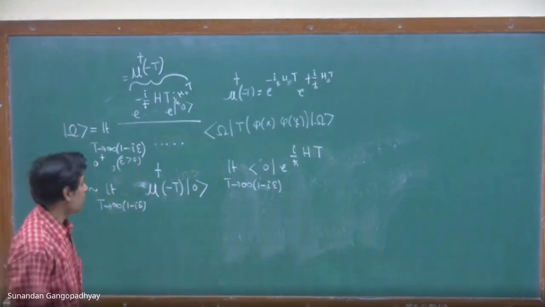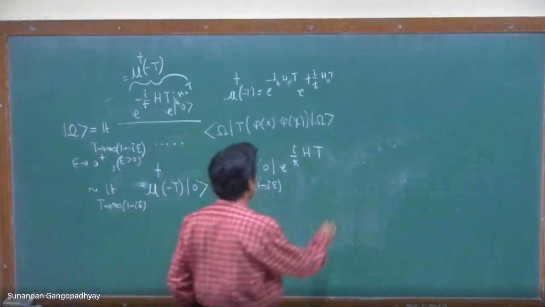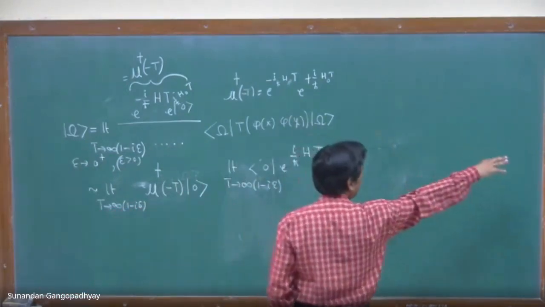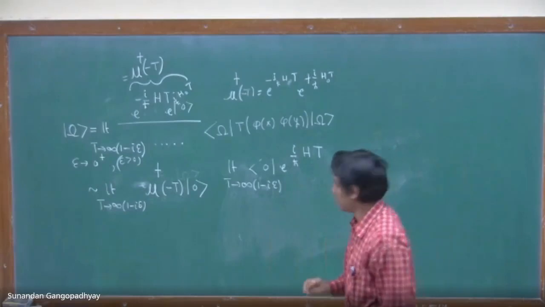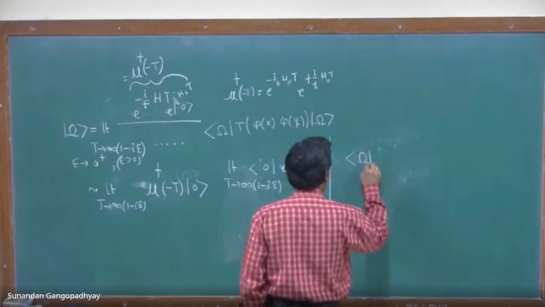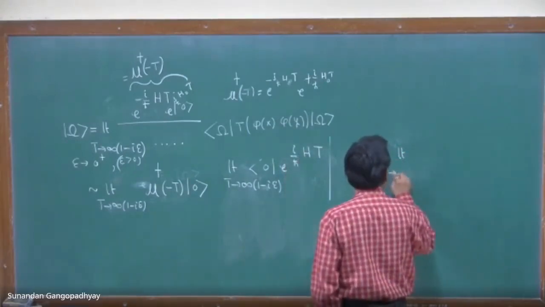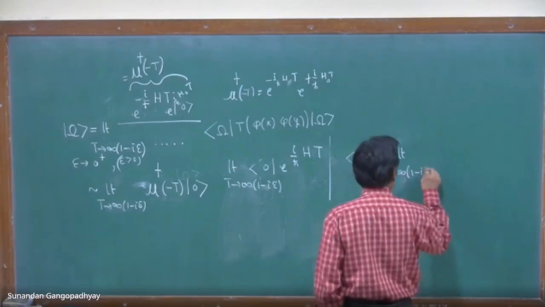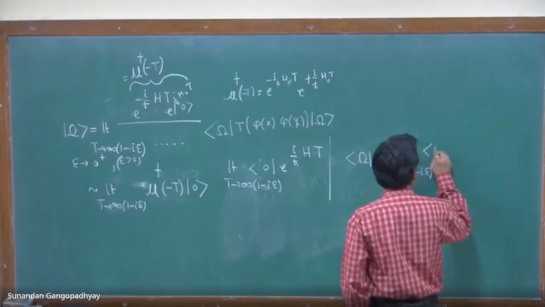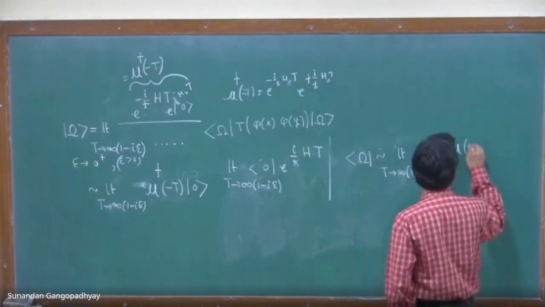And if you compute by introducing a complete set of states and all those things that we have done, you can show that bra omega will be limit t goes to infinity into 1 minus epsilon, bra 0, u of t.